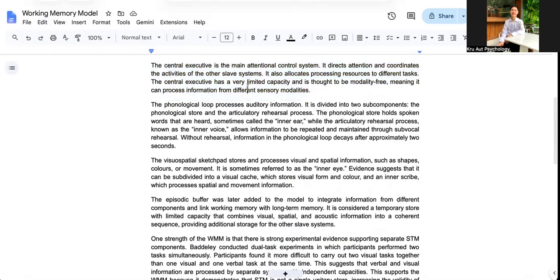We need to say that the central executive has a limited capacity. It is modality-free, meaning it can process all sorts of information regardless of being visual, acoustic, semantic. It's just the idea of using this keyword that we learned in the syllabus to apply it to the central executive. The rest is that it processes information in different sensory modalities.